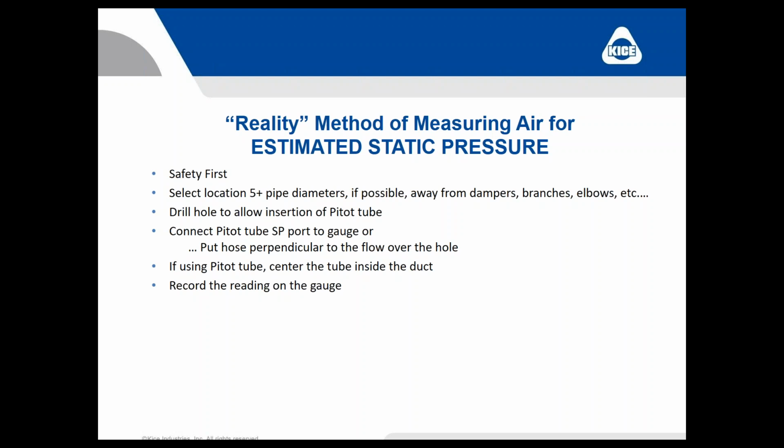Well, I'm going to insert that pitot tube to 8 inches. I kind of verify that it's 8 inches. Then I'll back it off to where I get that 4-inch mark, and I feel like I'm pretty much in the center of that tube, and I can record my reading. So static pressure is relatively simple. You drill a hole, you put the hose over the hole, hold your gauge somewhat level, and you've got your static reading.